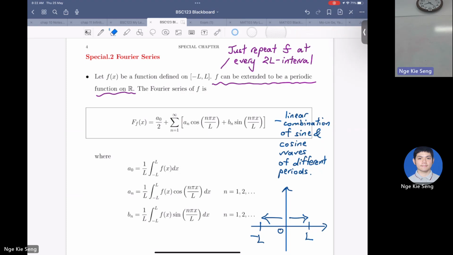For example, I draw something like this over 2L. Then how do I make a periodic function? I just repeat this over and over again.